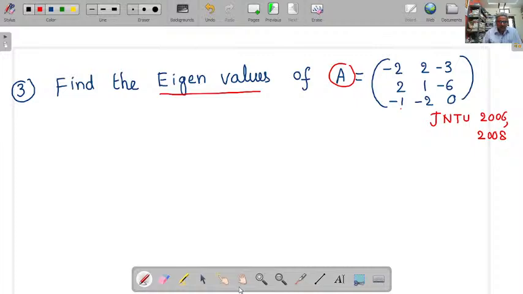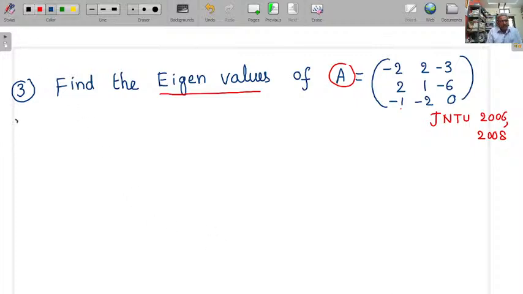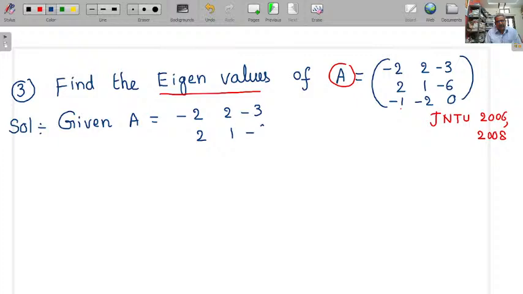Well, is it clear now? Okay, now how to proceed? First solution right now. Here, what is the given matrix? That is A equals negative 2, 2, negative 3, 2, 1, negative 6, negative 1, negative 2, 0.